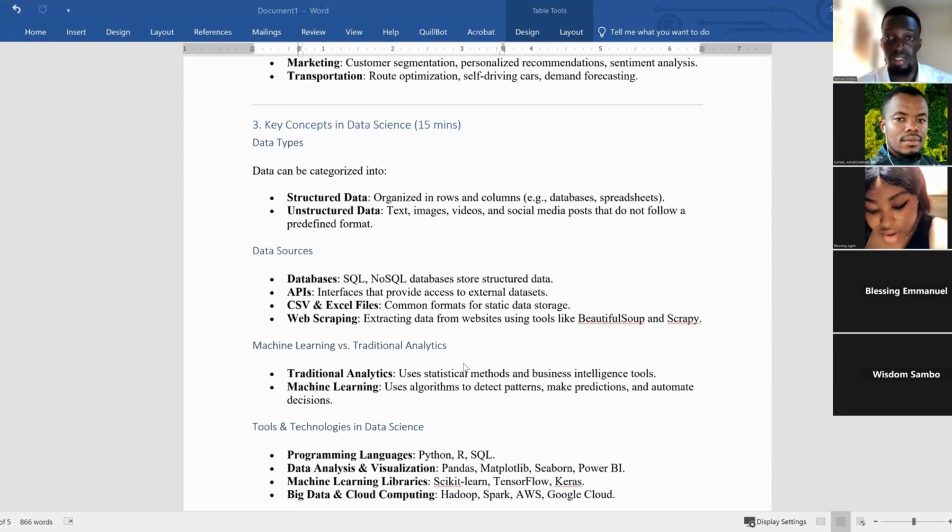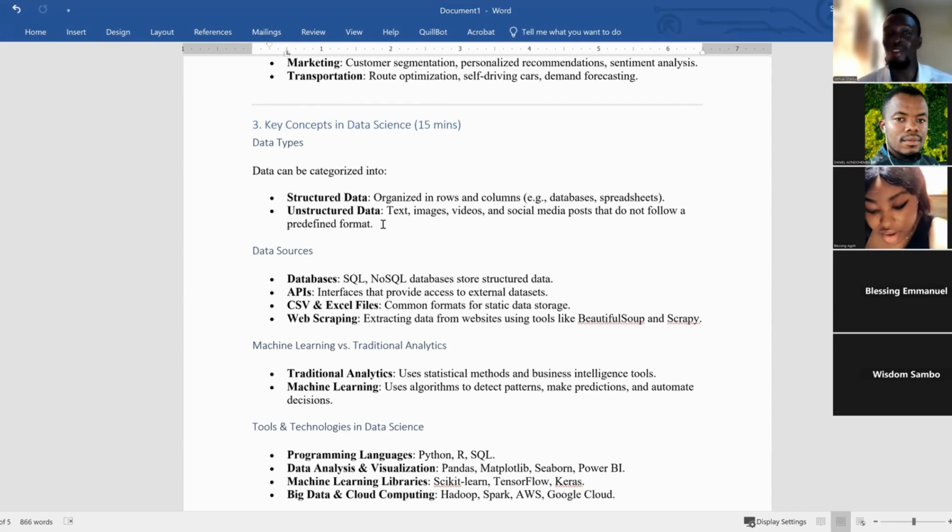Your database is also structured data. This Word document I'm sharing with you guys is not structured, it's unstructured. There is no row, there's no column. I'm just writing stuff. Unstructured data are basically texts, your tweets on X, your Instagram captions, your LinkedIn posts saying stuff like, I'm delighted to announce that I got this thing.